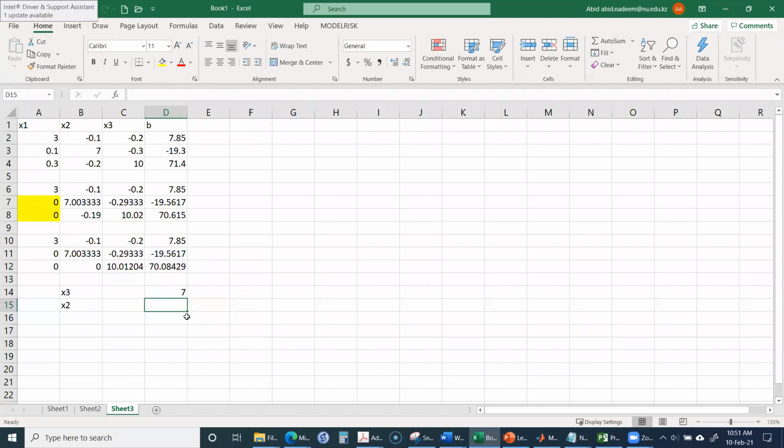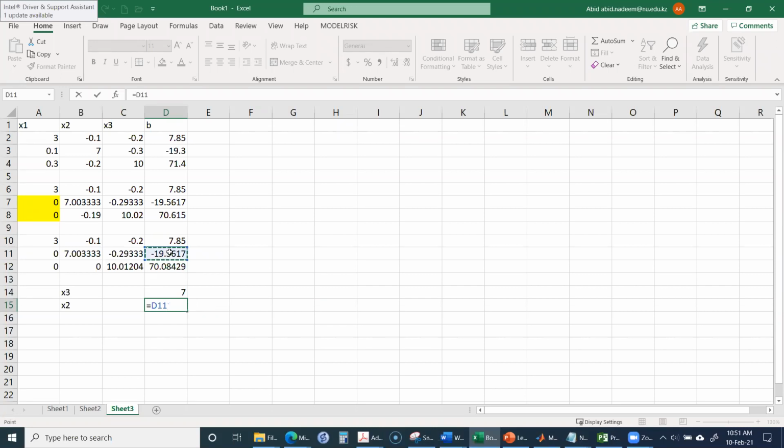Yeah, I think I'm making some mistake. Yeah, x3 should be 7. Now I want to find x2. I will take this value minus this value times x3 and divided by this value.